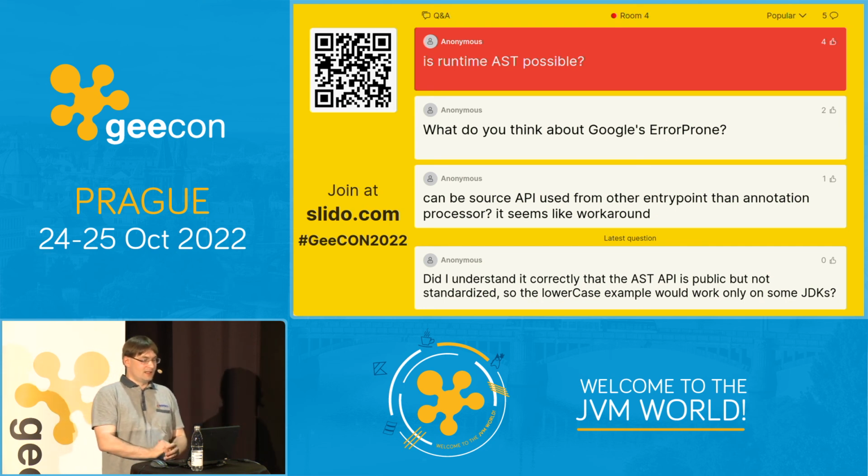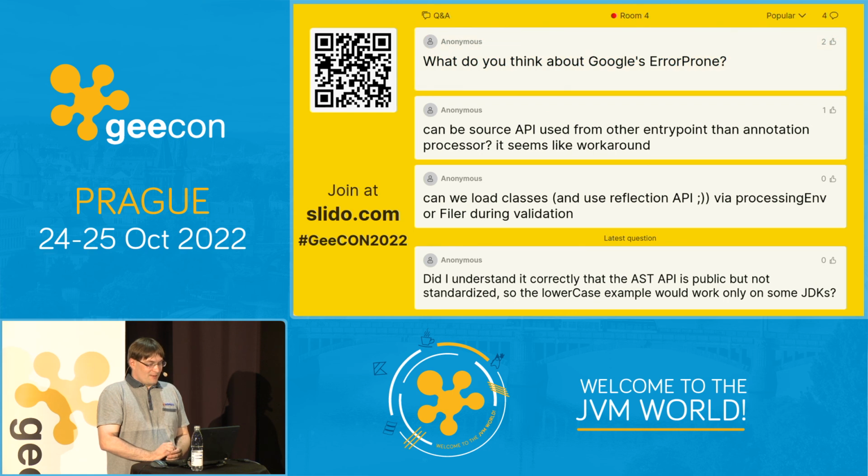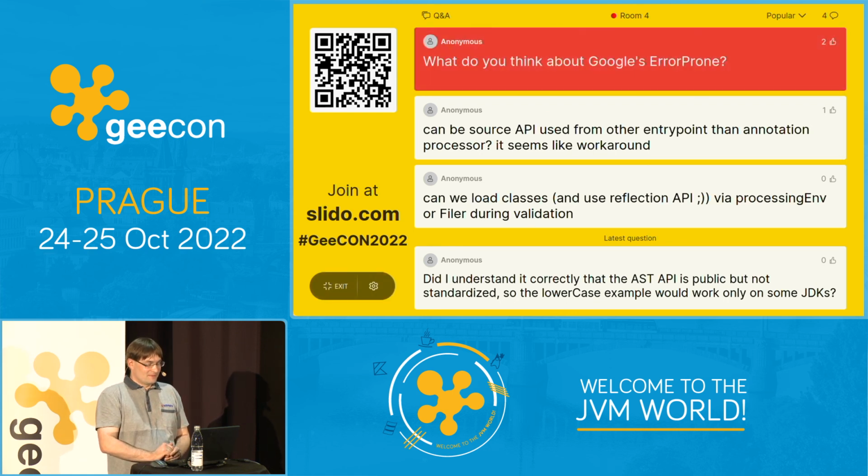That's not possible at this time. What do you think about Google's Error Prone? I believe it's also written on these APIs. That's at least what I thought. So, good.